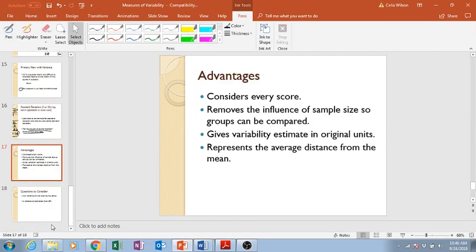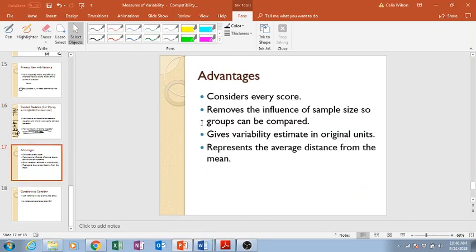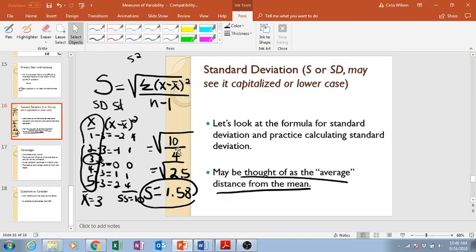Some advantages of standard deviation are that it does consider every score, and we saw that in the calculation. We involved every single score in the calculation of standard deviation. It removes the influence of sample size, so groups can be compared. If you look back again, we did take into account sample size, specifically sample size minus 1.